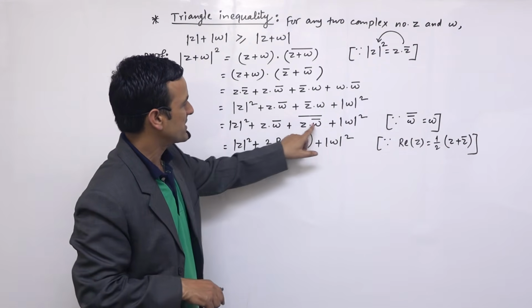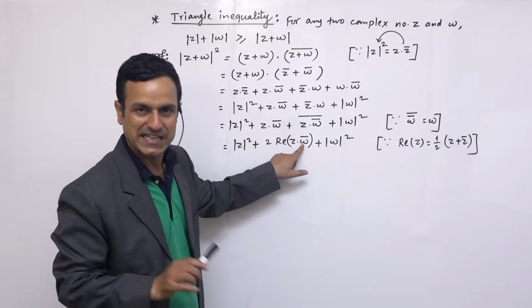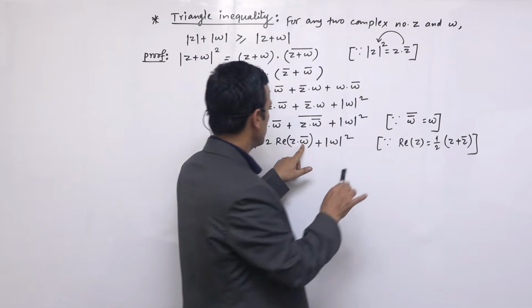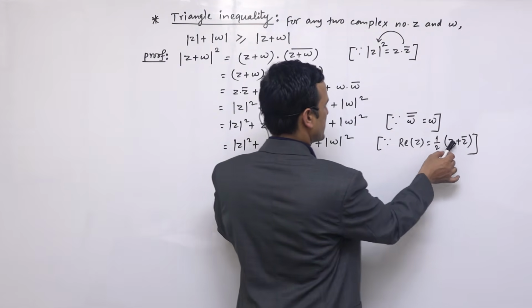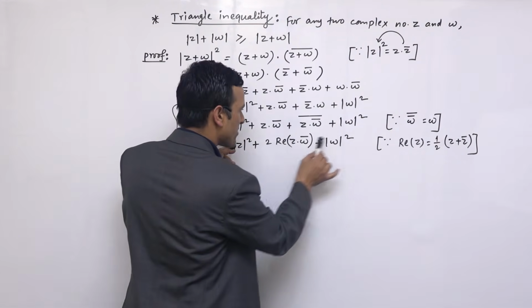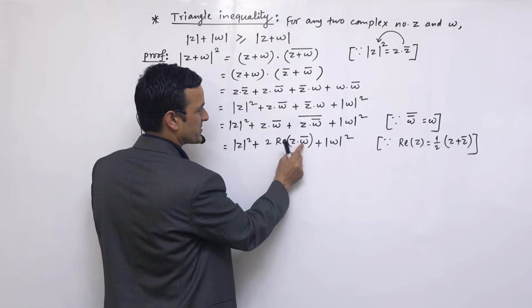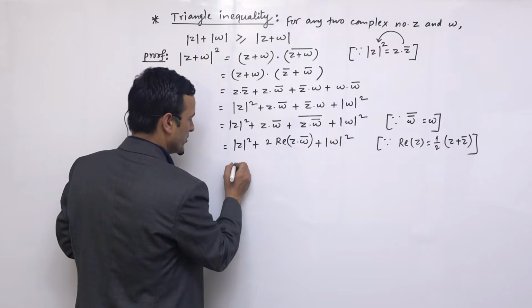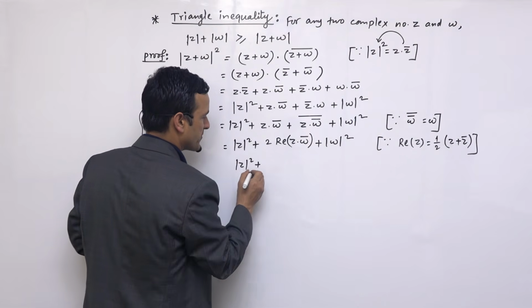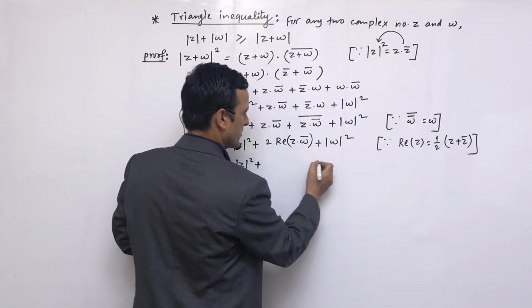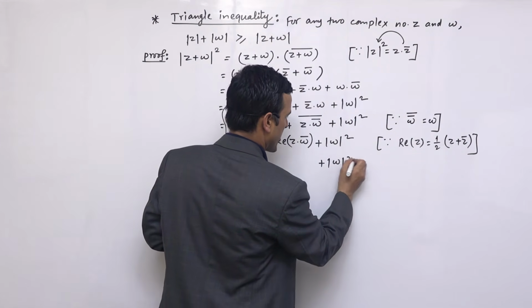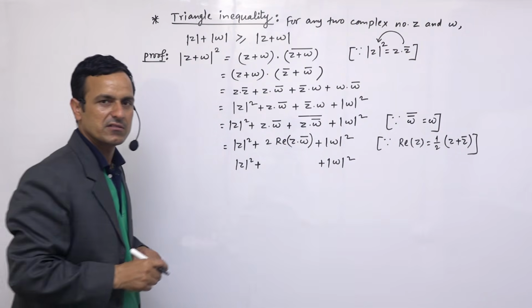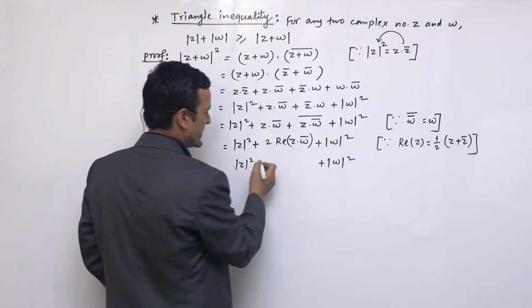So z plus z bar means 2 times the real part of z. The sum of these two terms becomes this by this formula. Now modulus z squared plus modulus w squared: a squared, b squared.